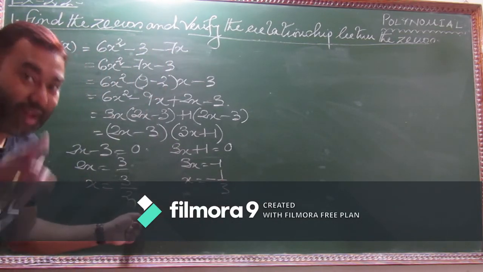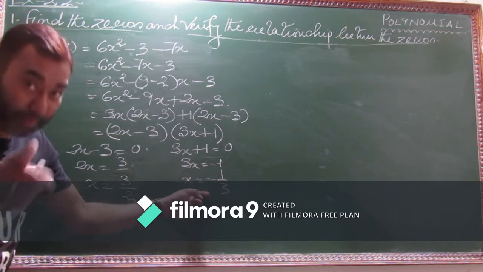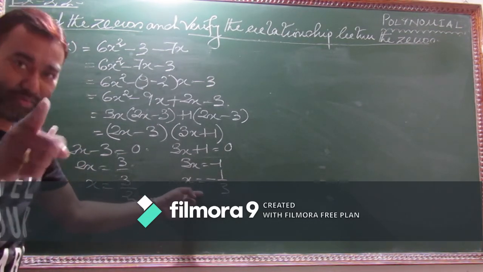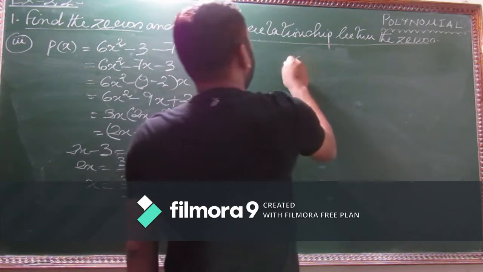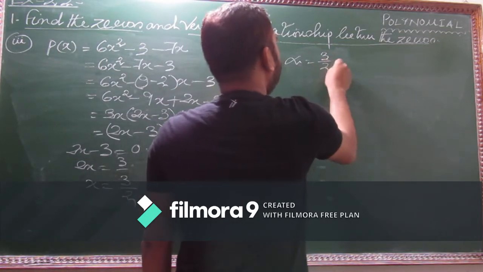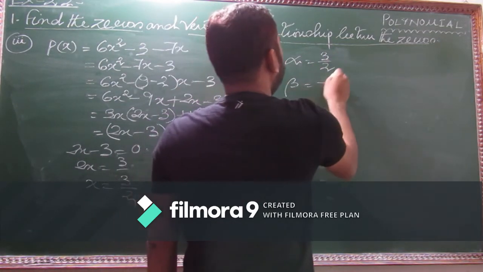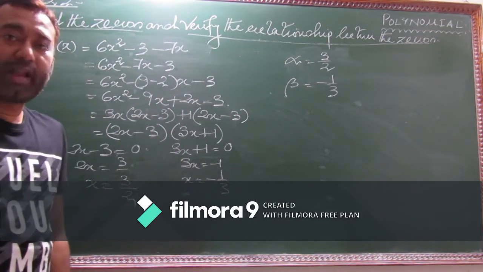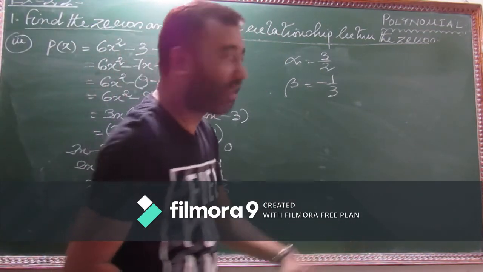First zero is alpha. Second zero is beta. So this is my alpha and this is my beta. Alpha is equal to 3 by 2 and beta is equal to minus 1 by 3. Now what is alpha plus beta? I need to find alpha plus beta.